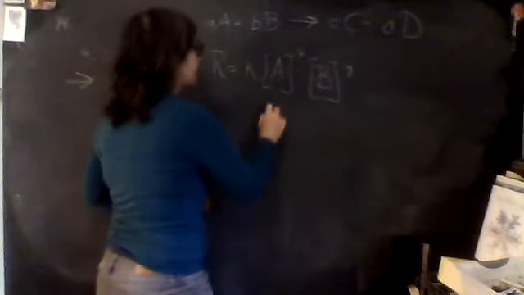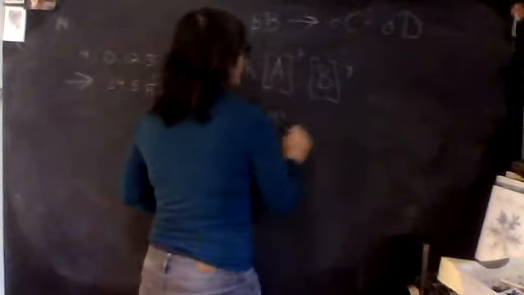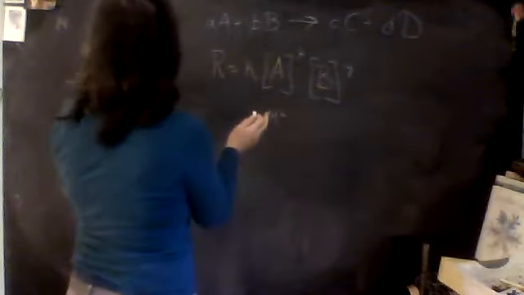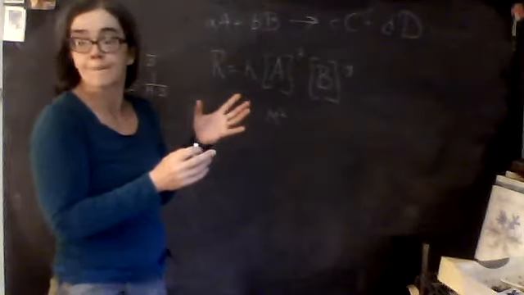That means I'm going to say molarity squared, right? The rate is always in terms of what, Martin? In terms of k times A times B. The rate is molarity per second, right?